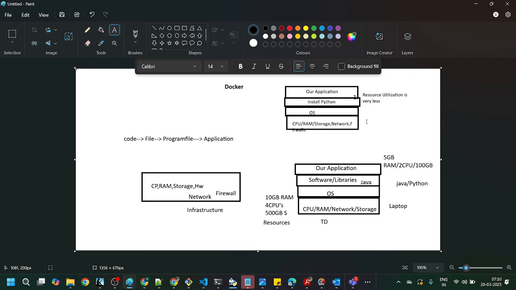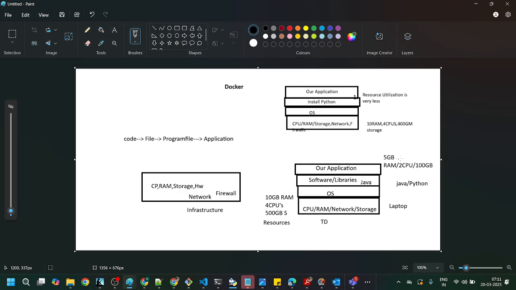Here also we allocated the same 10 GB RAM, 4 CPUs, 400 GB storage. But the application is not consuming that many resources, so here we are wasting resources.